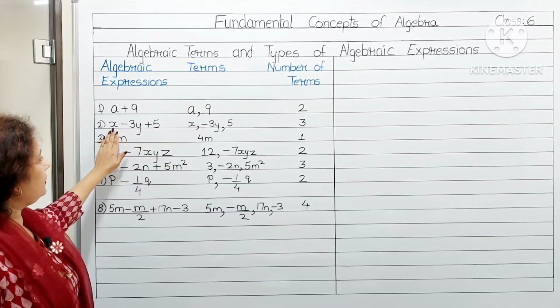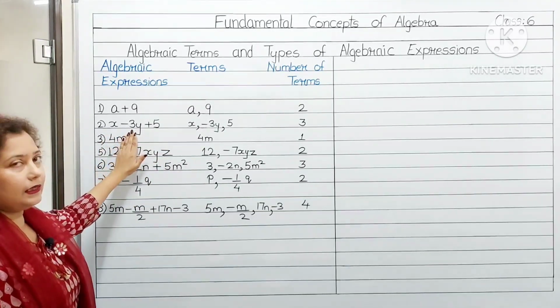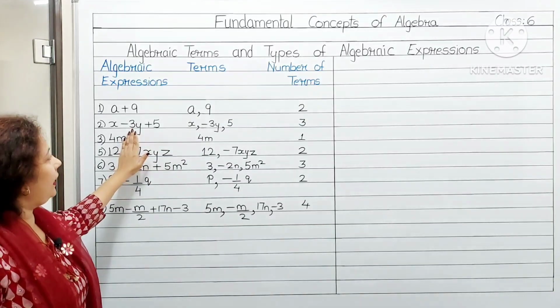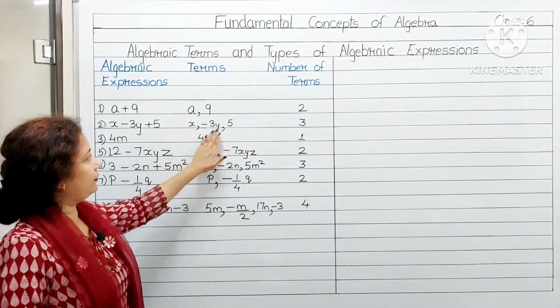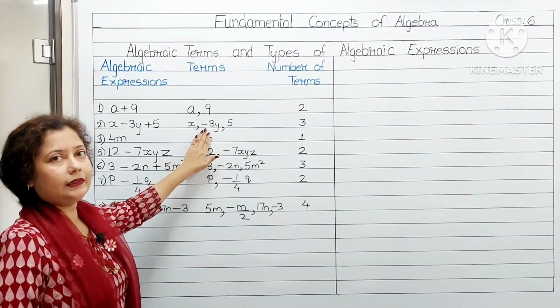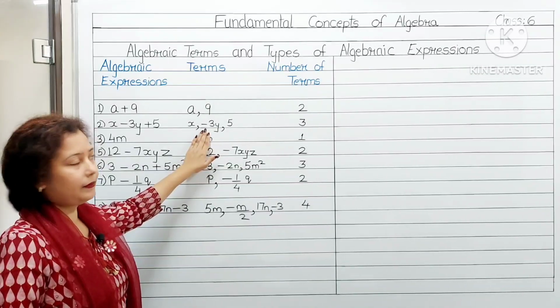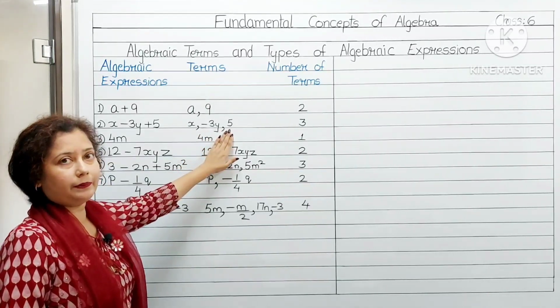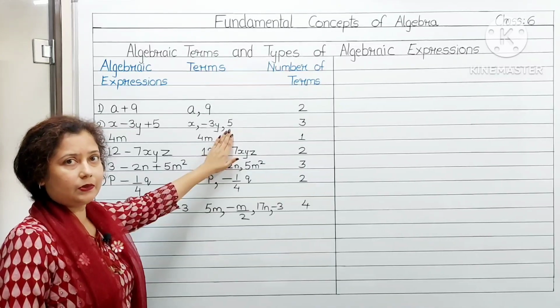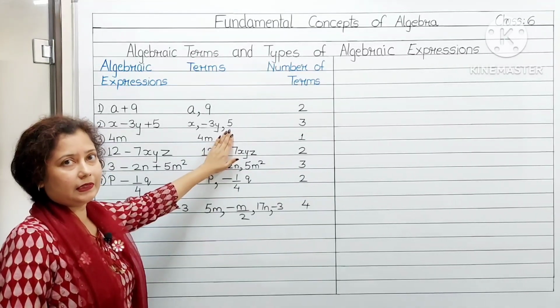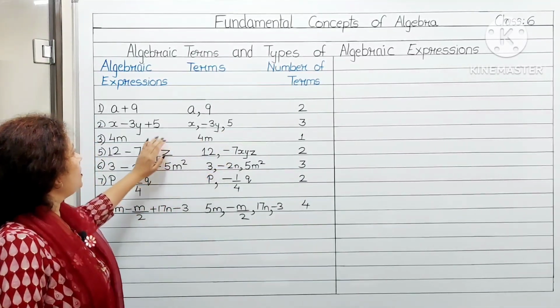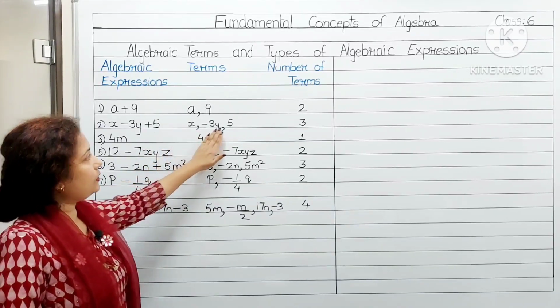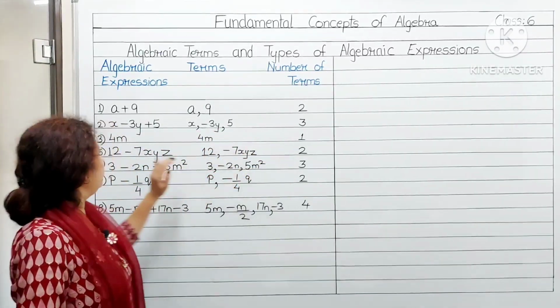So the first term is X, second term is minus 3Y and the third term is 5. So here also we write the term along with the sign. We are not writing sign for plus because it is understood that no sign means it is plus. So number of terms are 1, 2, 3 we have written here.